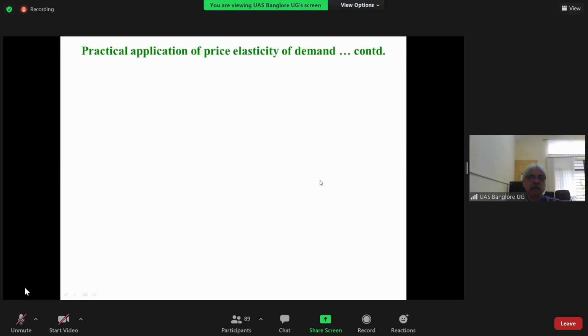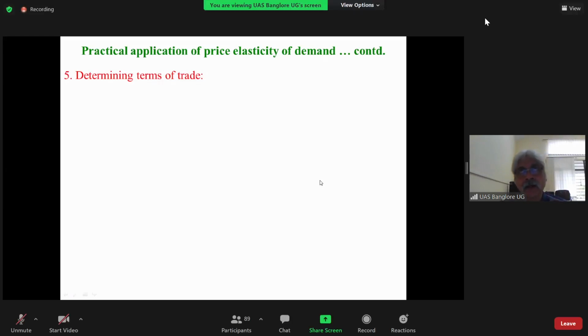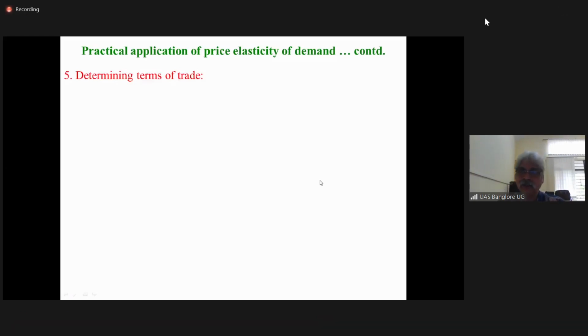Then the fifth practical utility of price elasticity is determining the terms of trade. Terms of trade is, suppose we want one ton of wheat from USA.